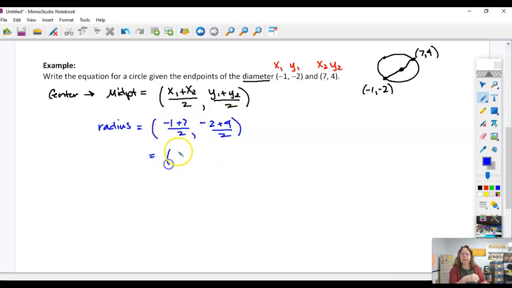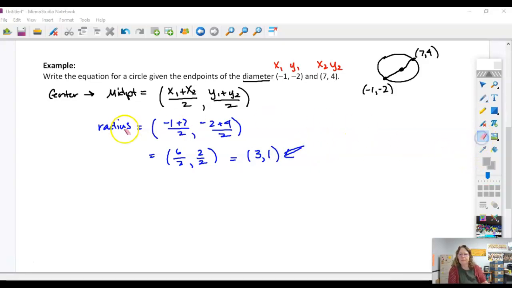That would be 6 over 2 and 2 over 2, or 3, 1. So this point right here, the midpoint, is the center of our circle. I'm going to label it as 3, 1 on my little sketch.